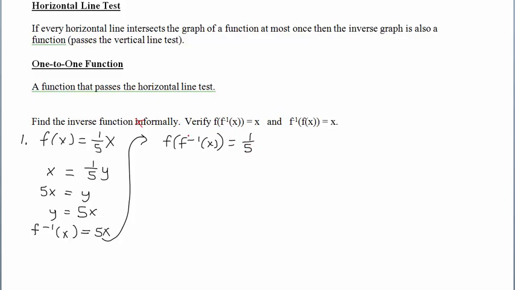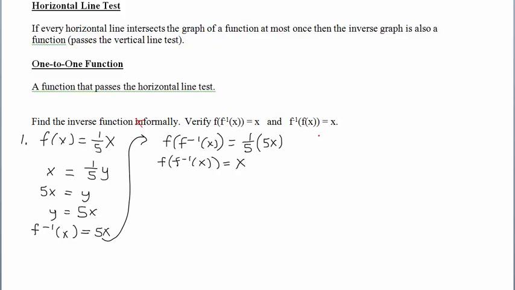Wherever we see x, we replace it with 5x. So 5x goes in for x up here. So let's simplify it. And we know 1/5 of 5 is 1, so we do get x.